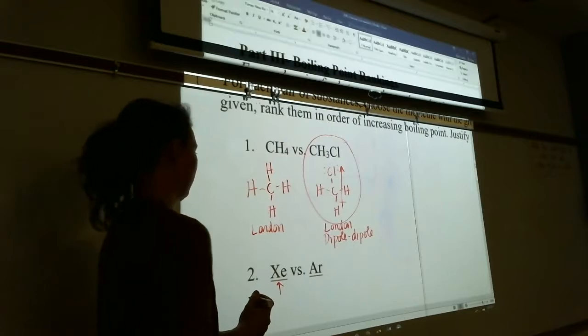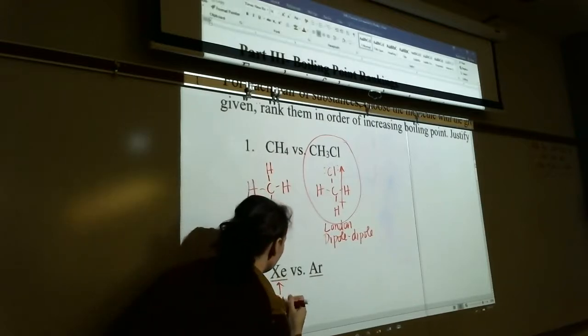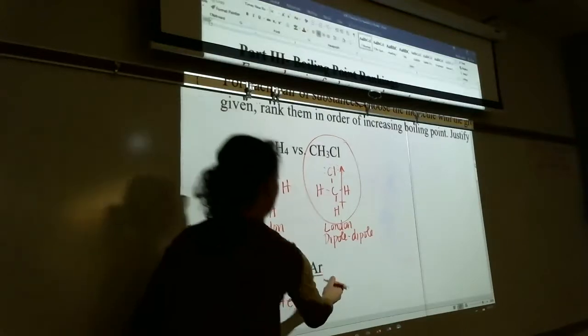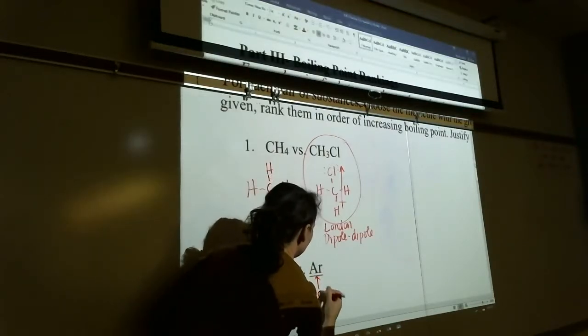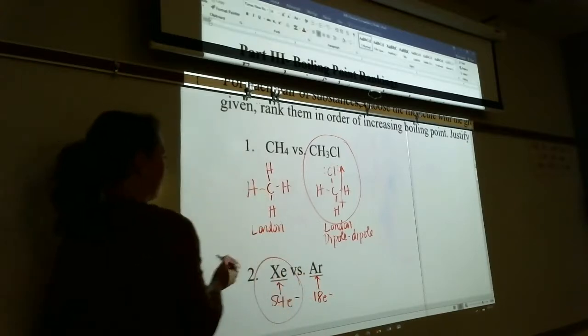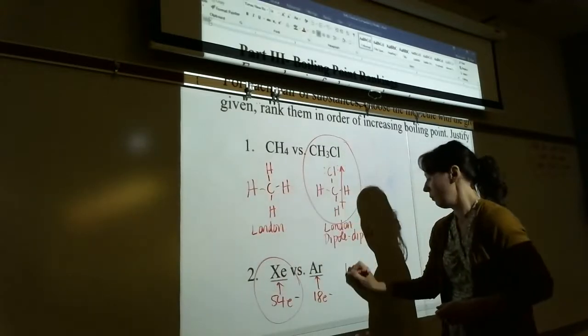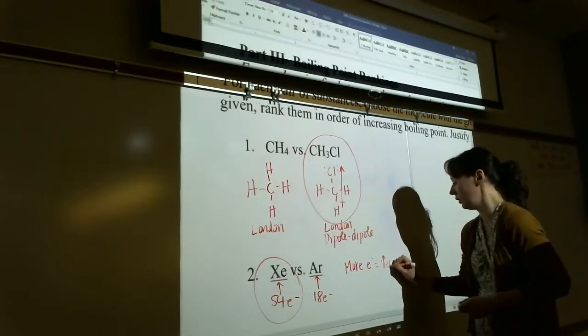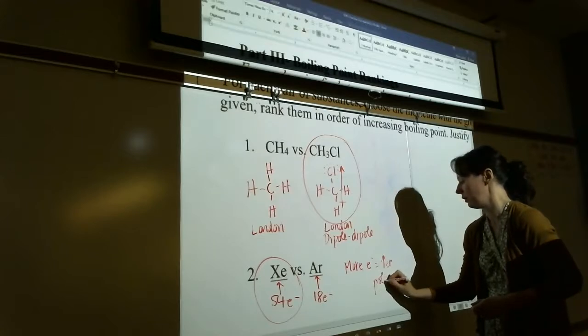Oh, I'm sorry. 54, right? And how many does argon have? 18. So this one's going to be the higher boiling point, right? And the explanation would be more electrons equals higher polarizability.